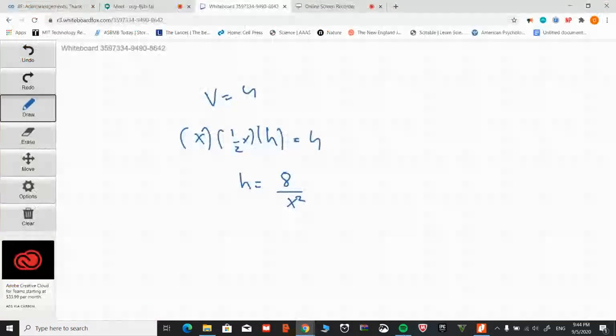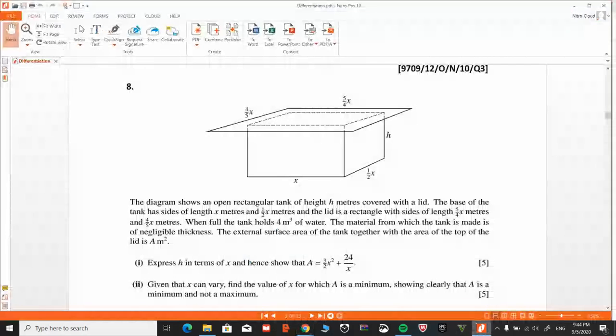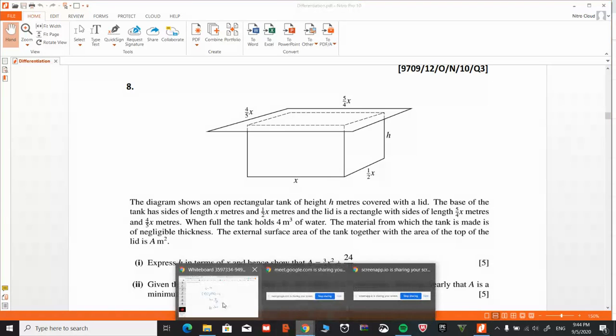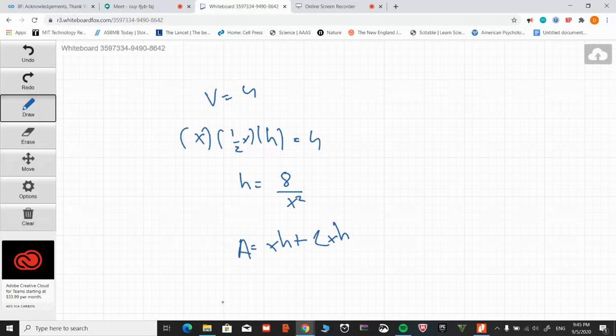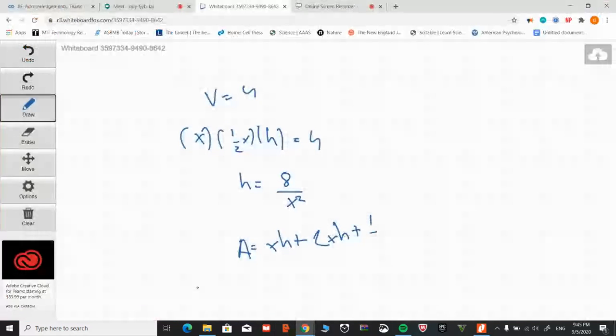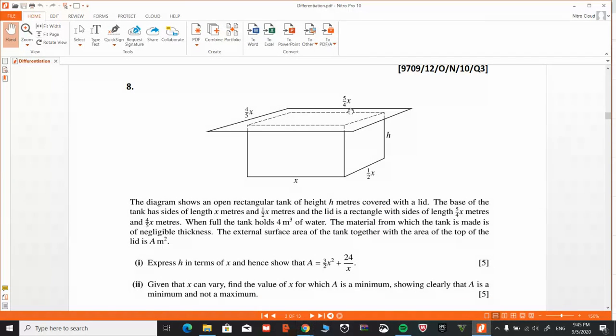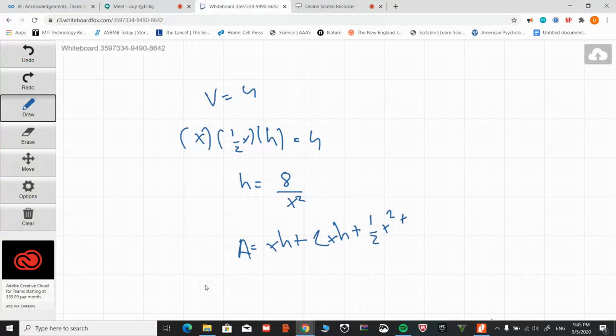So the area is xh plus you have the front and the back, so front হচ্ছে x into h twice, so that's 2xh, plus you have the base, which is half x squared, plus half x squared, and then you have 5 by 4x, and it's a duita, so that is basically this into this multiply করলে you get x squared. So the lid is x squared.